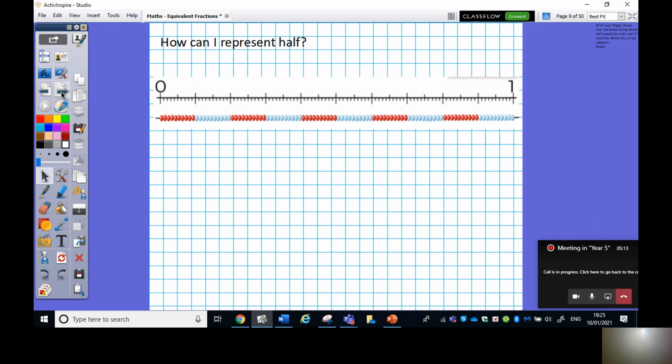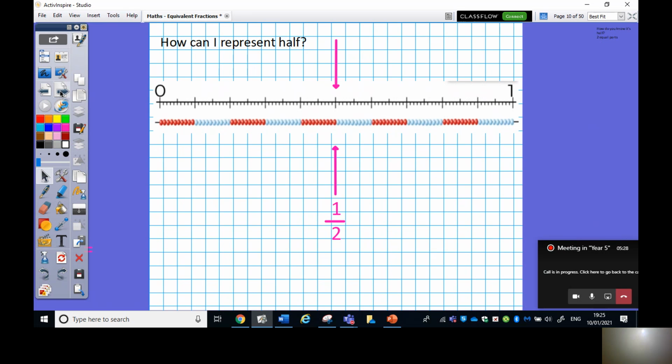How can I represent half? With your finger, just hover over where you think halfway is, or half of the bead string. Keep your finger there and we'll see if you're right. There you go. Your finger by the arrow. Good job.